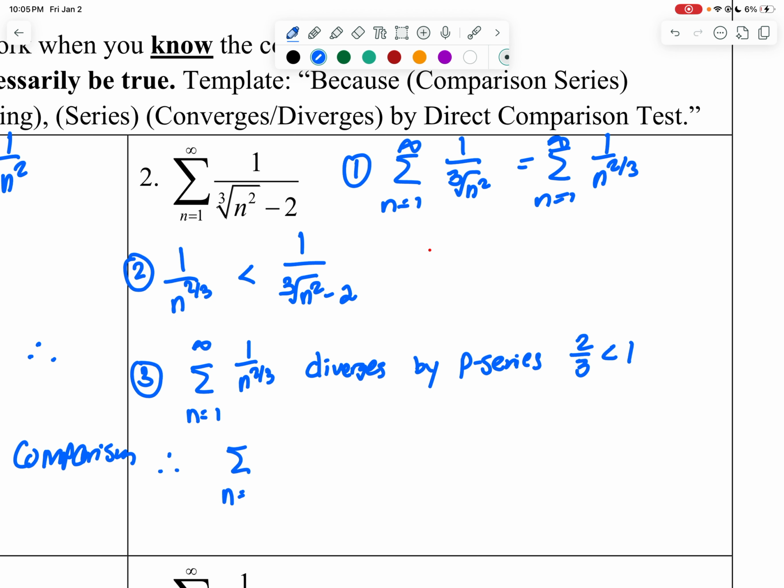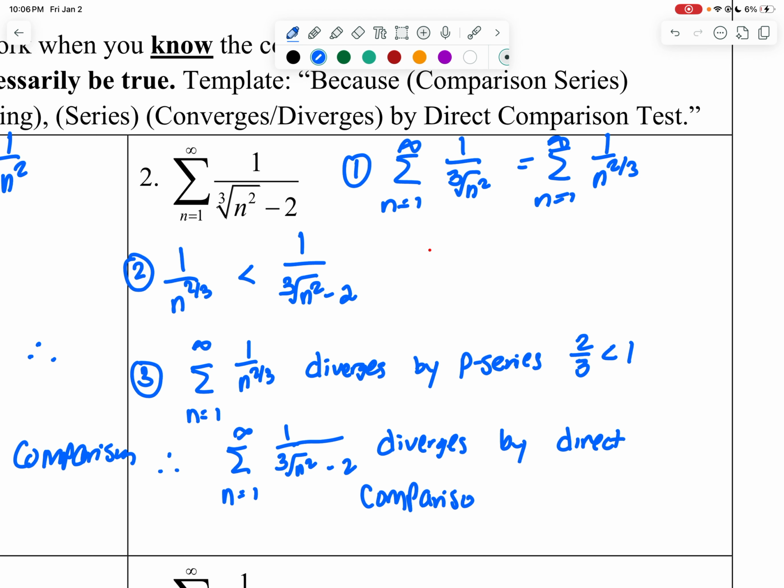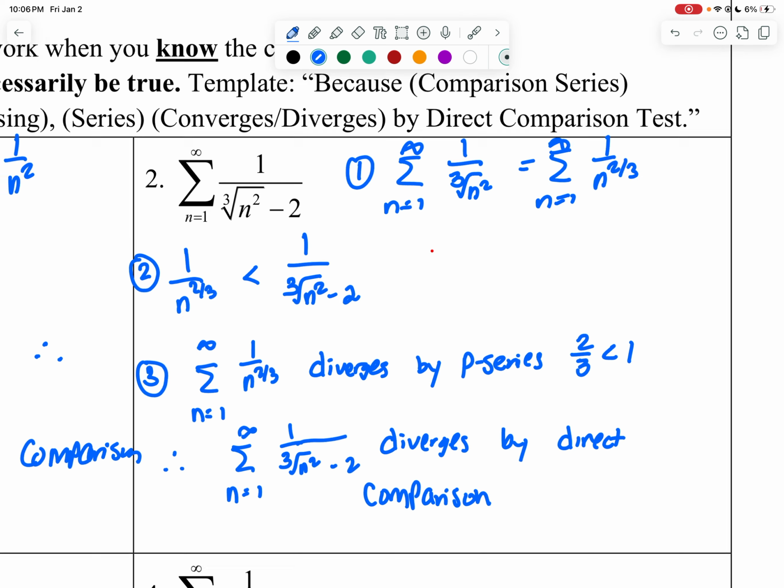Therefore, my original series diverges by direct comparison. Easy peasy.